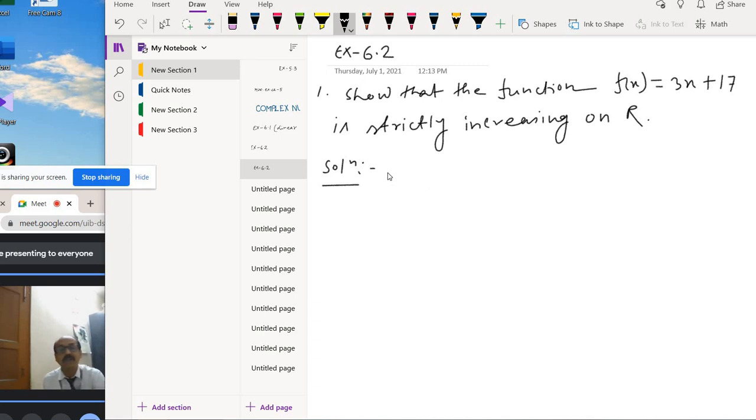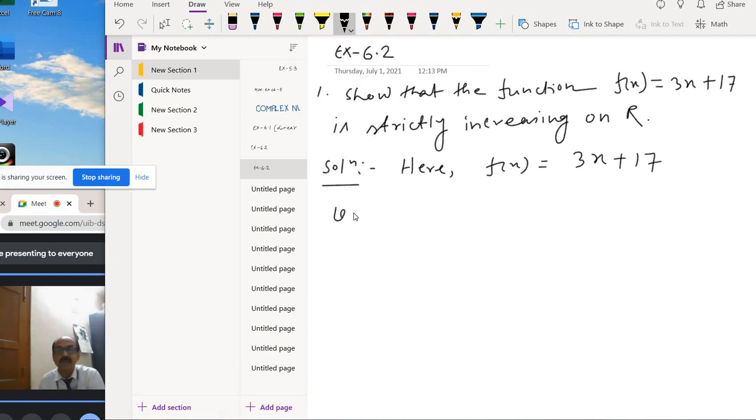So here the function f(x) equal to 3x plus 17. Okay, so take 2 points x1, x2.